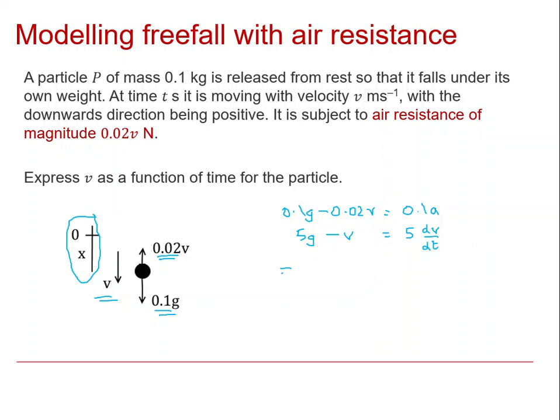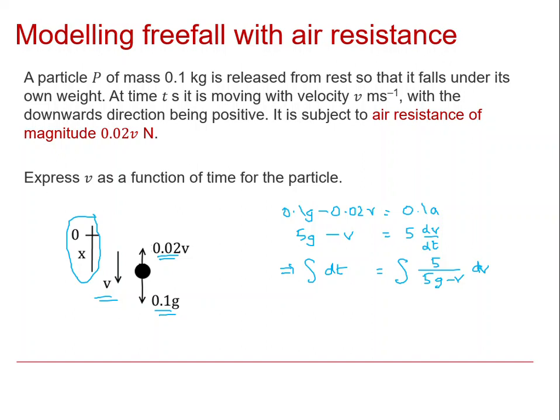So if we take the t's on the left, the integral of dt is equal to the integral of 5 over 5g minus v, integrated with respect to v.